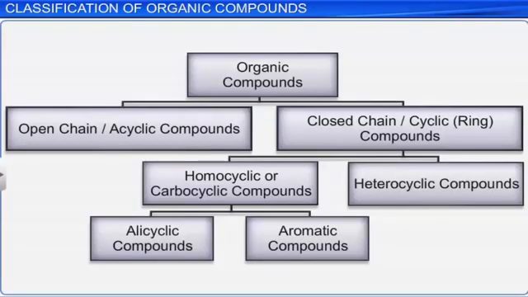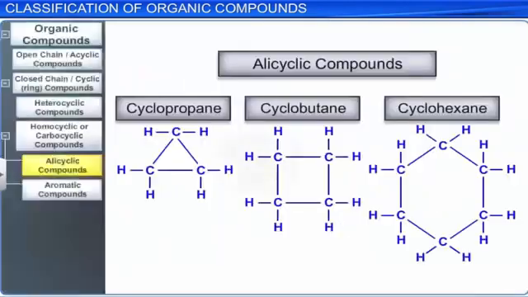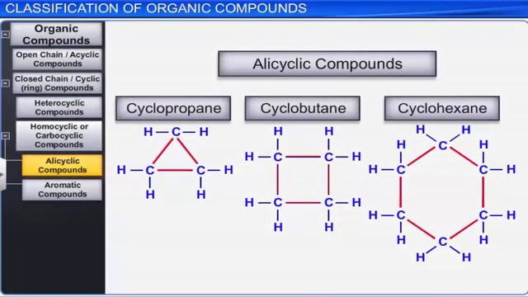Homocyclic compounds which resemble aliphatic compounds in their properties are called alicyclic compounds or aliphatic cyclic compounds. An alicyclic compound consists of a ring which has only carbon atoms.